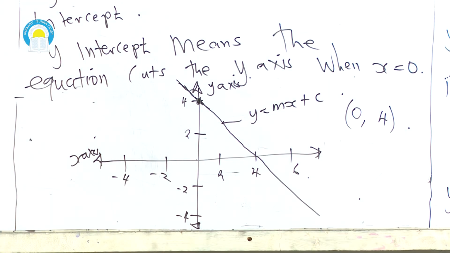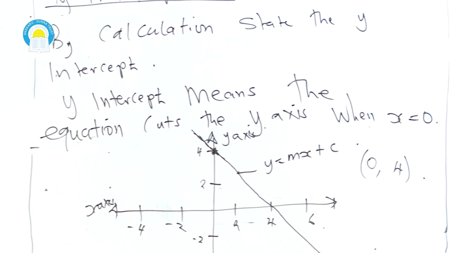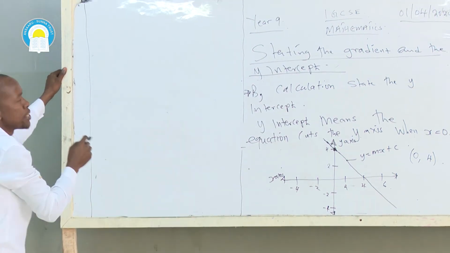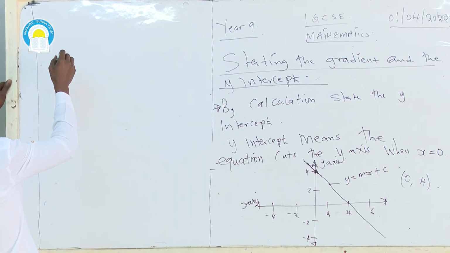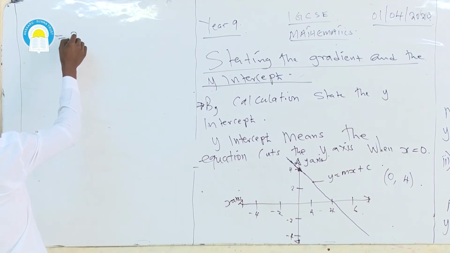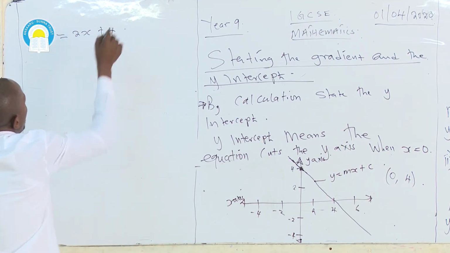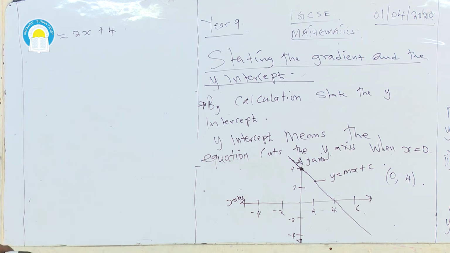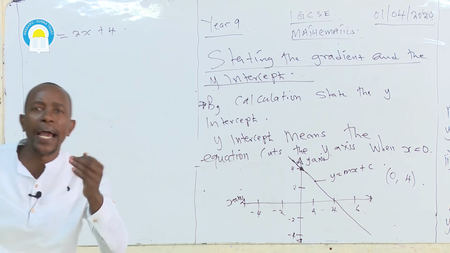Now, if you're asked to state the y-intercept by calculation, for example, we say y is equal to 2x plus 4. How do you state the y-intercept by calculation?